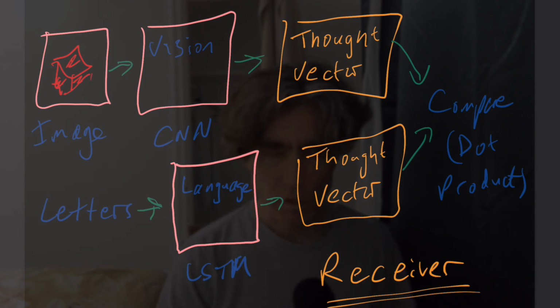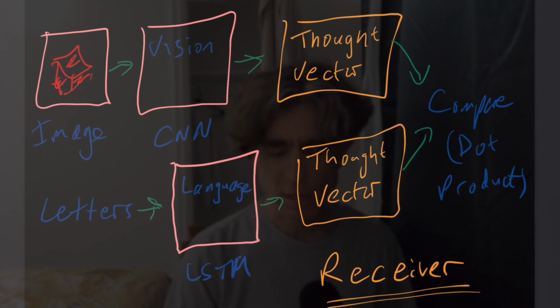And so the receiver receives a single utterance from the speaker, and then the game gives the receiver several images, maybe 3 images, maybe 21 images, and the receiver is going to compare each of those images with the language received from the sender.